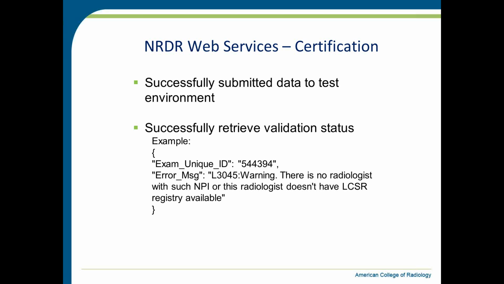And here is one example of the validation statuses. The error message contains a warning. Some messages actually contain an invalid message, in which case the exam record will not be processed and will not load into our database.